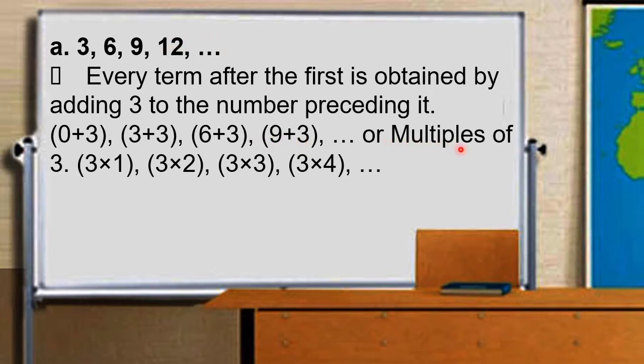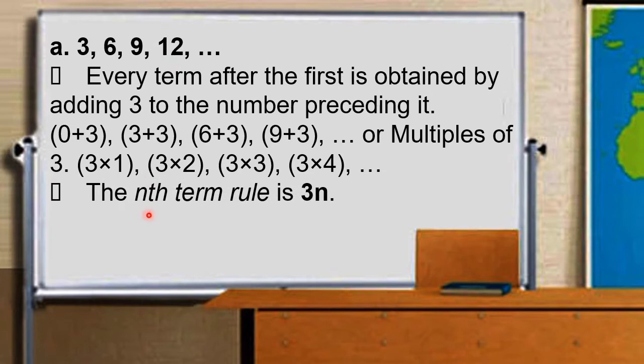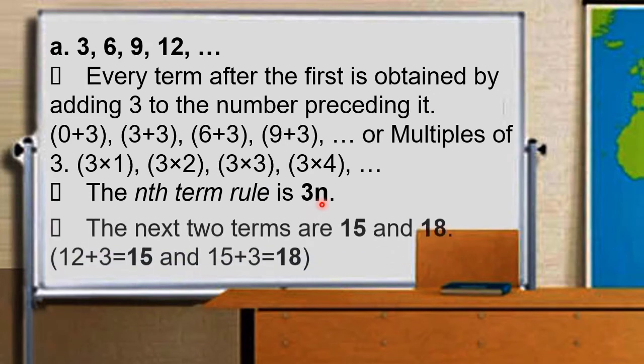Or, multiples of 3. So, 3 times 1 equals 3. Then, 3 times 2 equals 6. 3 times 3 equals 9. And 3 times 4 equals 12. So, the nth term rule in this sequence is 3n.